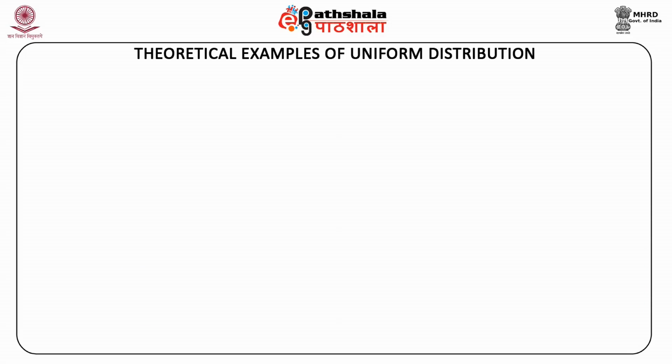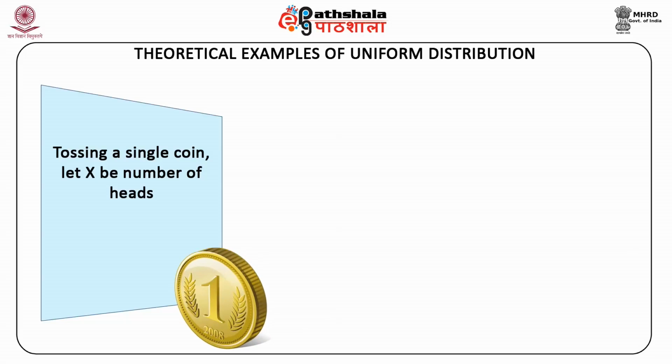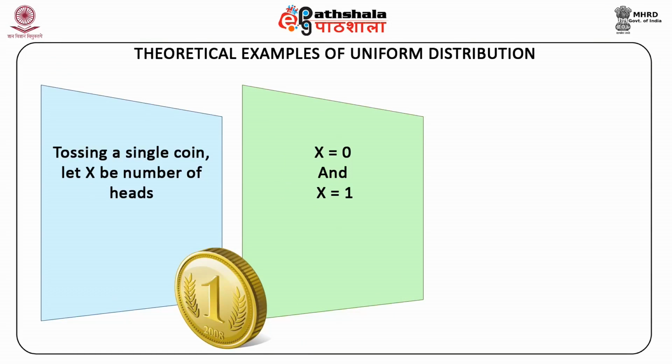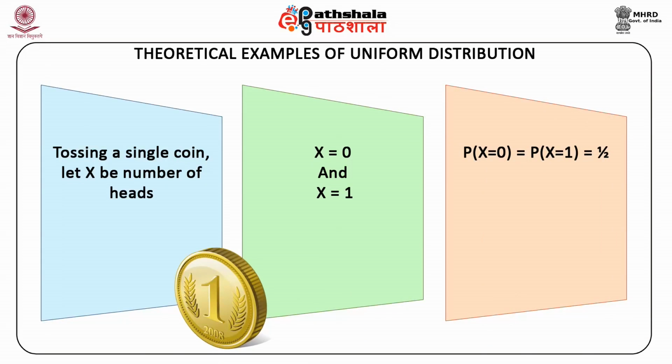An example of uniform distribution is tossing a single coin. Let the random variable x be the number of heads. Then x follows the uniform distribution since the number of outcomes is always 2, with x equal to 0 and x equal to 1. Also, p of x equal to 0 is equal to p of x equal to 1, which is equal to half.